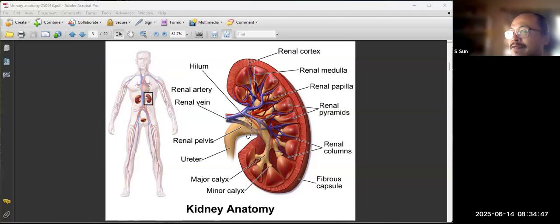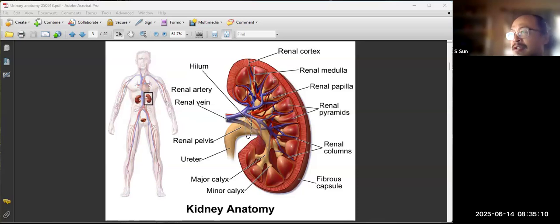After the filtration, the filtered portion becomes the urine. The blood will continue on through the venous system, interlobar vein, segmental vein, renal vein, and come back to our body. So that's the blood portion.